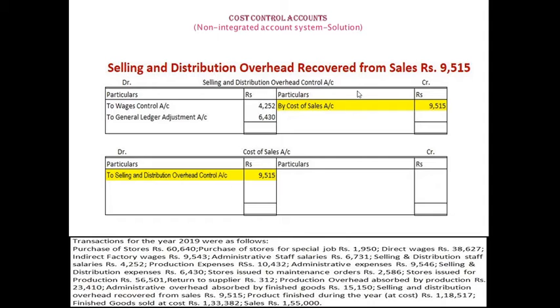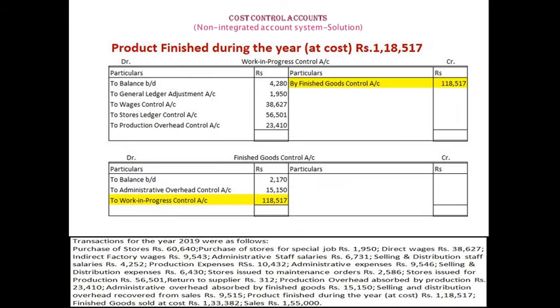Selling and distribution overhead recovered from sales rupees 9,515 in the selling and distribution overhead control account by cost of sales account 9,515, and in the cost of sales account to selling and distribution overhead control account 9,515.